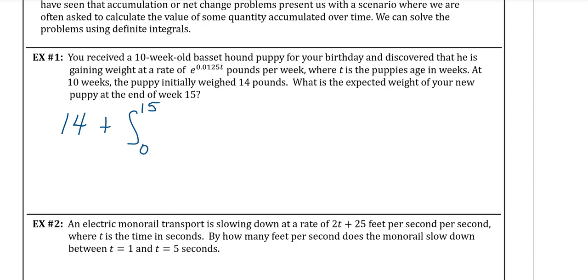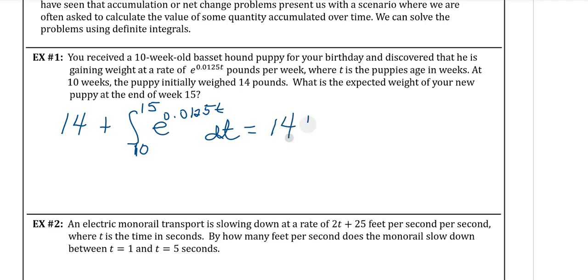So we're starting at week 10 to the 15th week of our growth function for our puppy, which is e to the 0.0125t dt. So we're going to integrate this and evaluate it over that time interval, and then we'll have the expected weight of our puppy at the end of the 15th week.